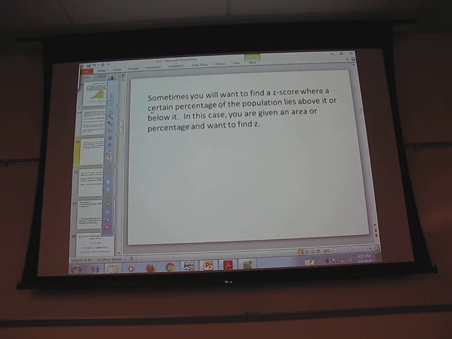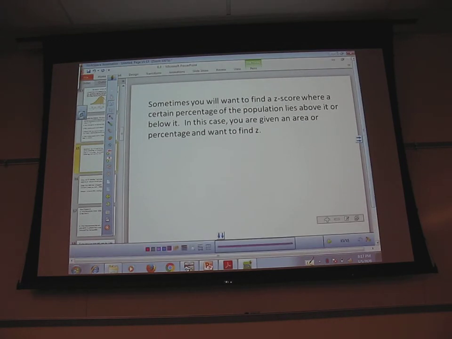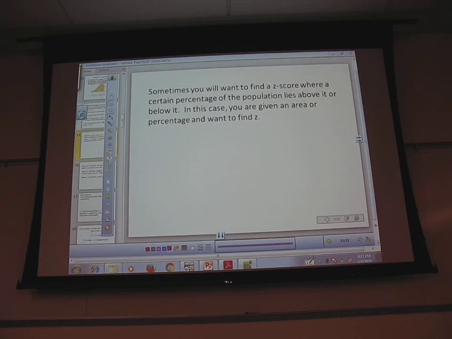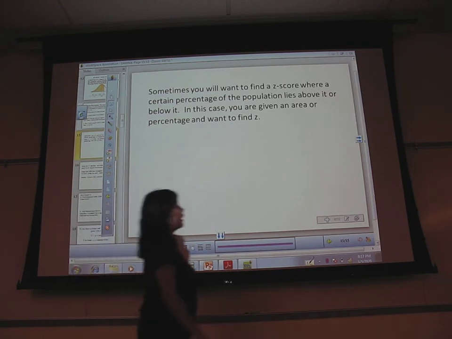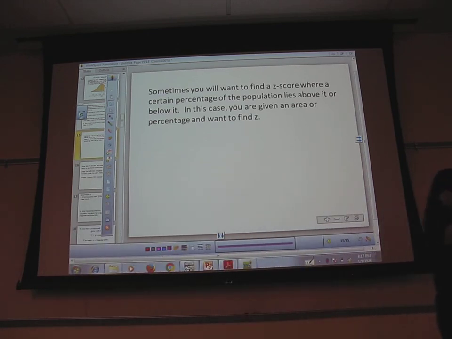Great. Next thing we're going to talk about is how sometimes you want to find a z-score where a certain percentage of the population lies above or below it. So here you're given an area and you need to find the z-score that goes with it. For example, I start a new business. I am going to sell peaches and can some peaches.